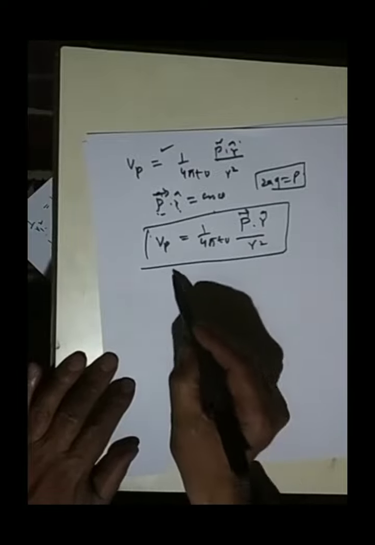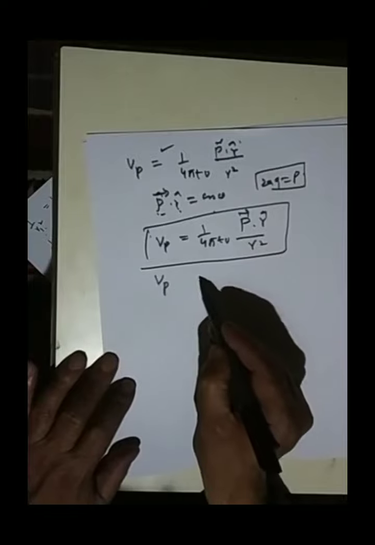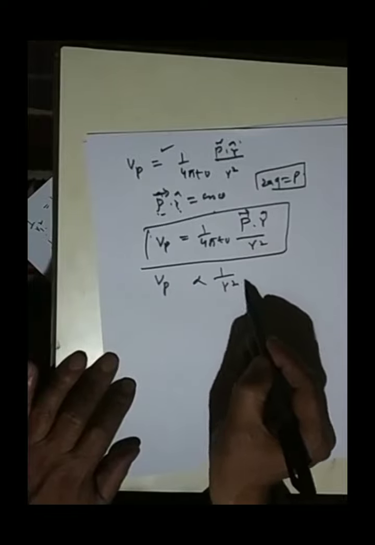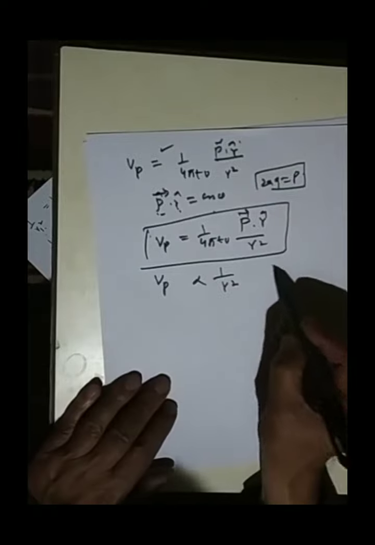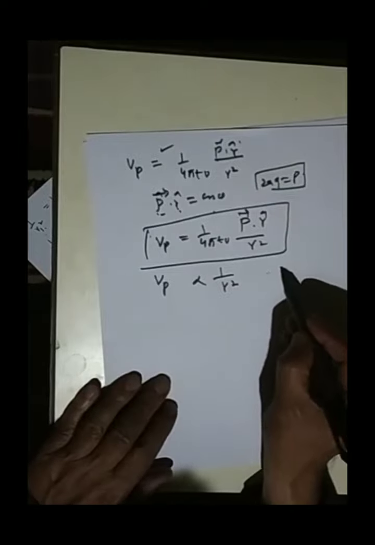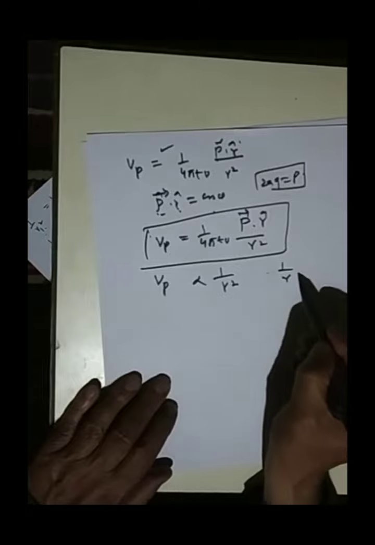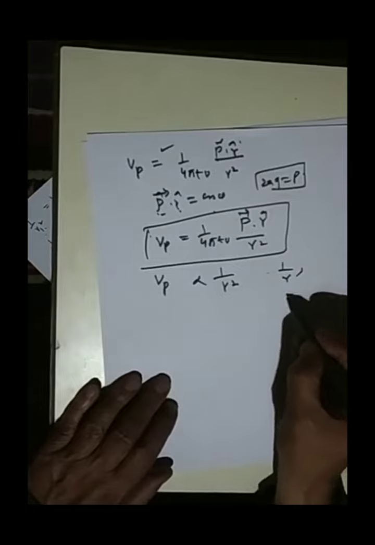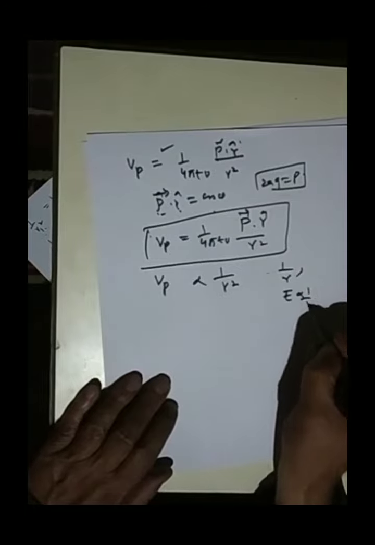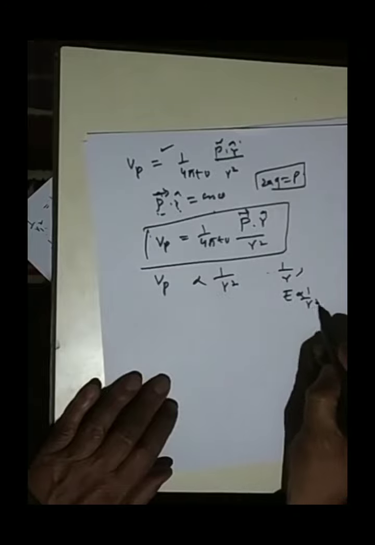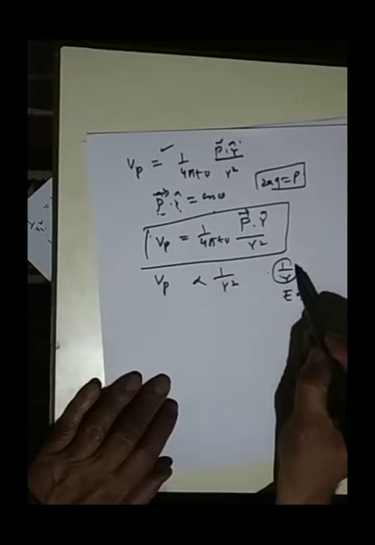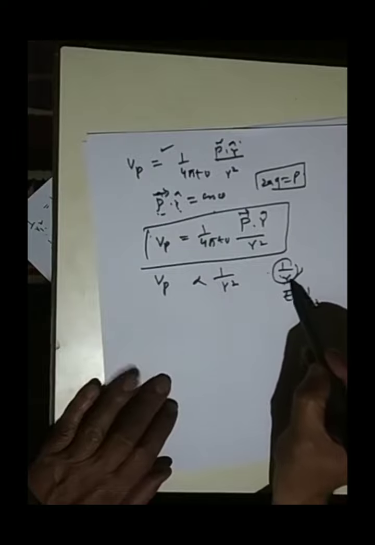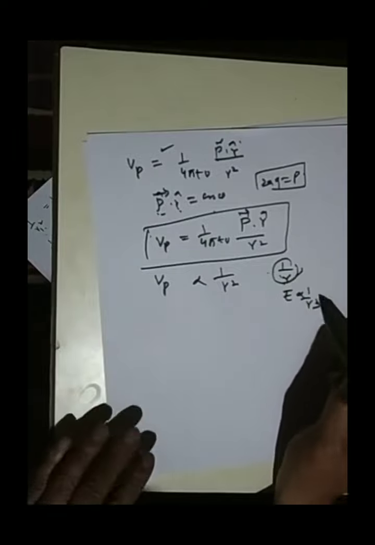Now here we find that Vp is inversely proportional to R square. So potential falls as 1 by R square, while in case of a point charge potential falls as 1/R, and electric field intensity of a point charge falls as 1/R square, and of a dipole as 1/R cube.